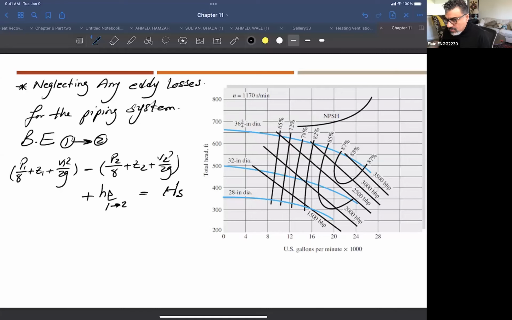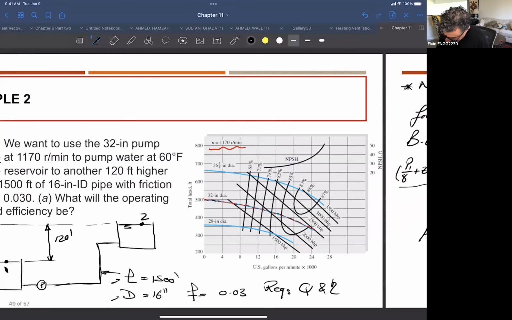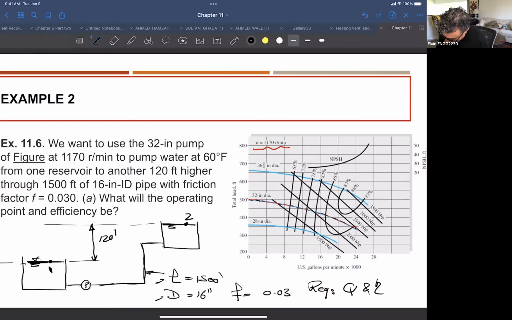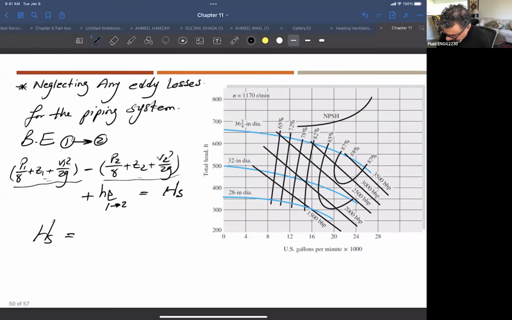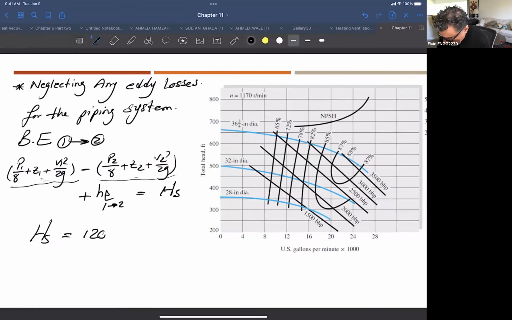So the system that you are running here is between this condition at 1 and the condition at 2. This difference here is, if you remember, at 0.1, this is a level, this is a level, right? So in this case H system is 120, plus H losses, and H losses here is f L over D times V squared over 2g.